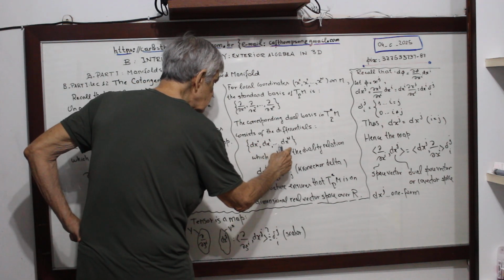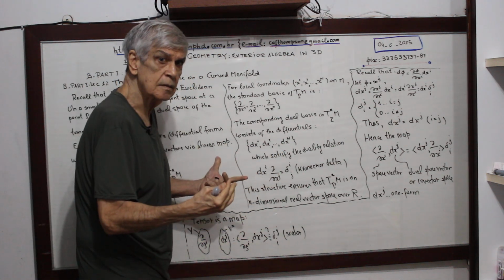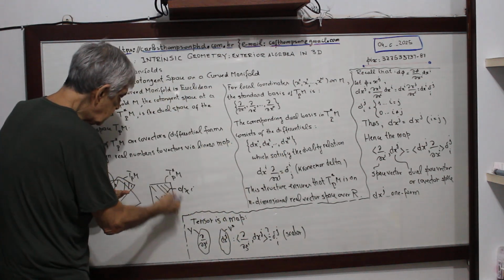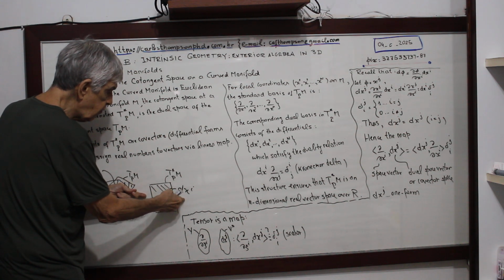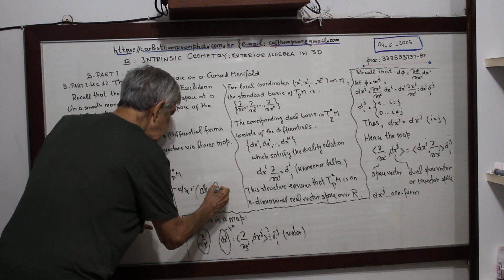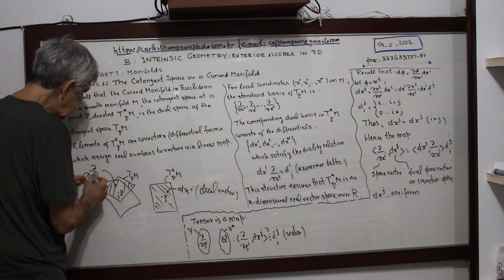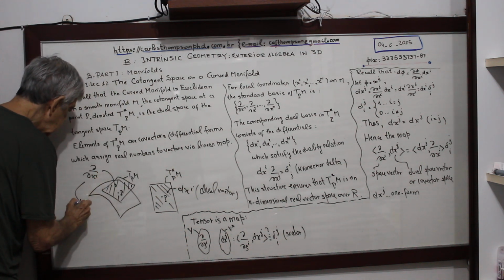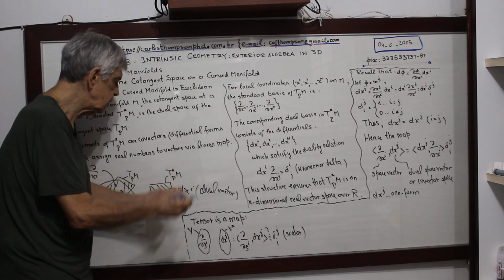They span this space over here. This is a dual vector. This is a vector. This is the dual vector.